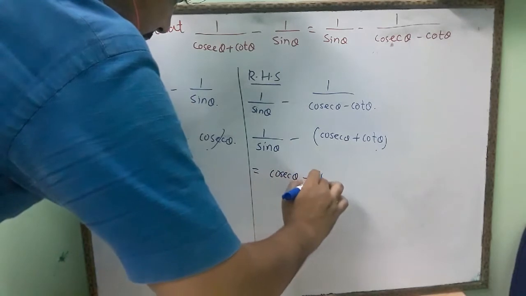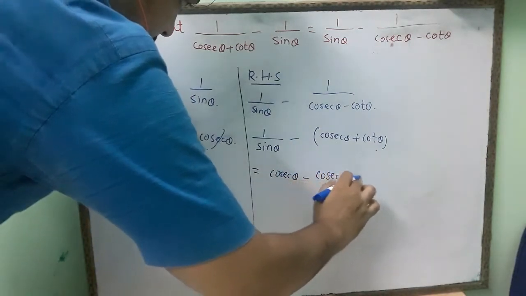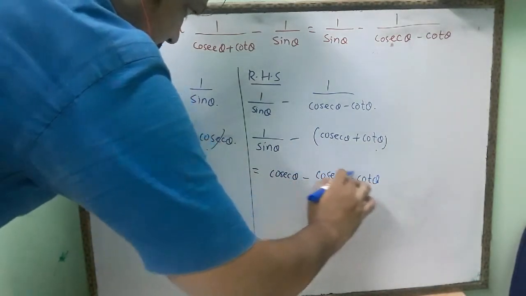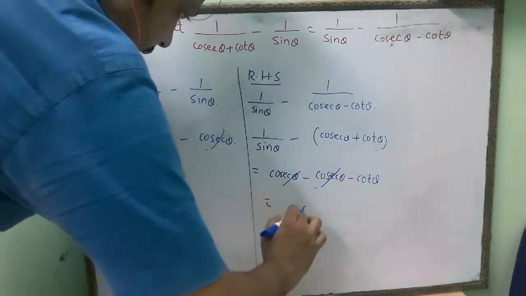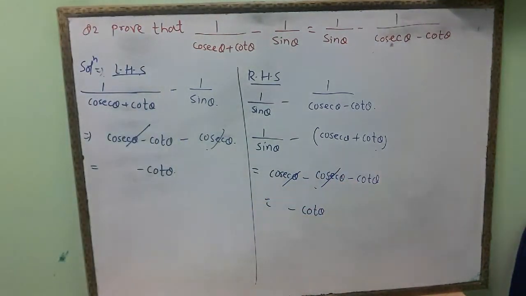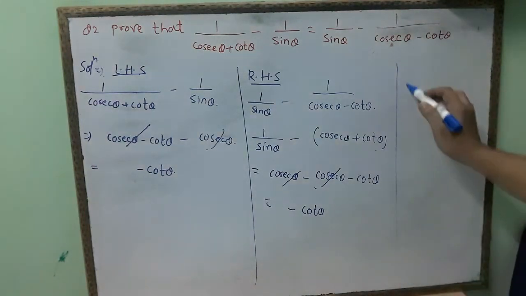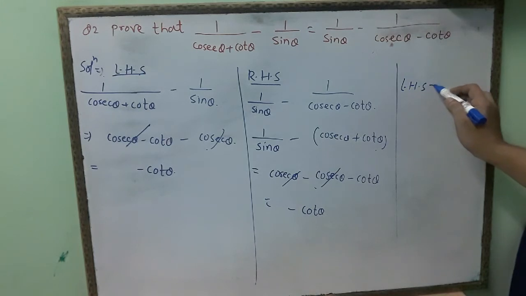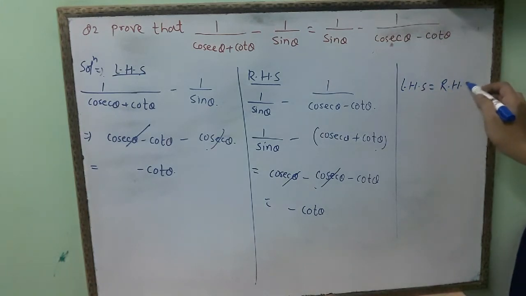Again remove the bracket, it will be minus cosec theta minus cot theta. Cosec is removed, it is minus cot theta. So LHS is equal to RHS. This is the proof of this question.